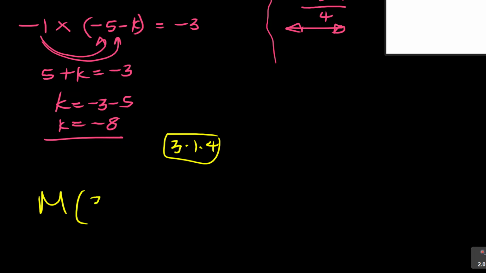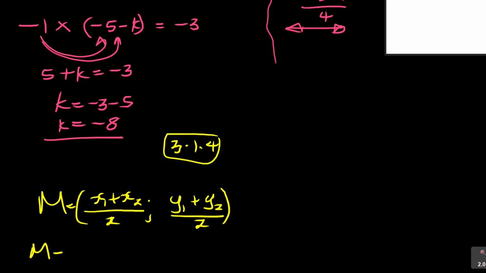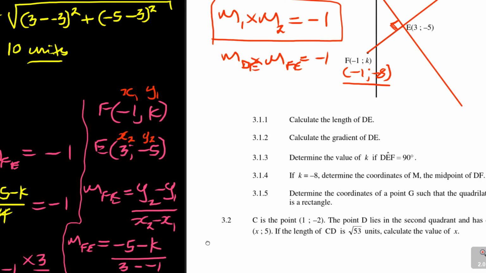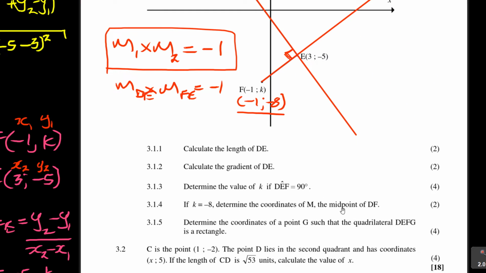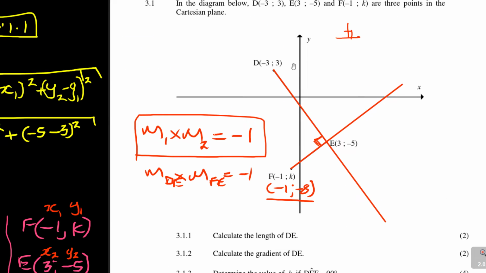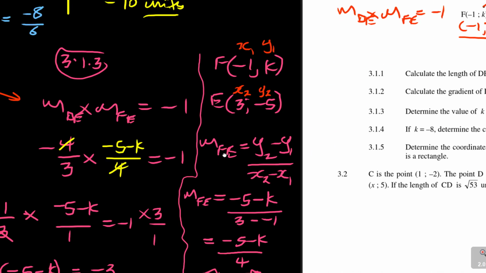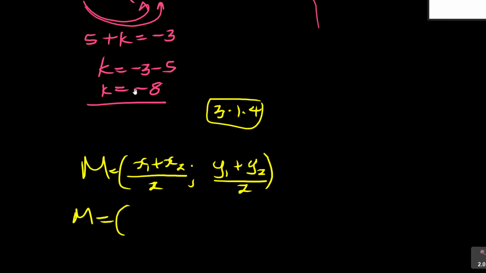Midpoint, remember, is equal to x1 plus x2, you divide by 2, and y1 plus y2, you divide by 2. That's the midpoint. It is the average of the points. Then it's up to you again to say, what are they talking about? Midpoint of DF. D is minus 3, F is minus 1, minus 8. So you bring these points, saying, what is my D?